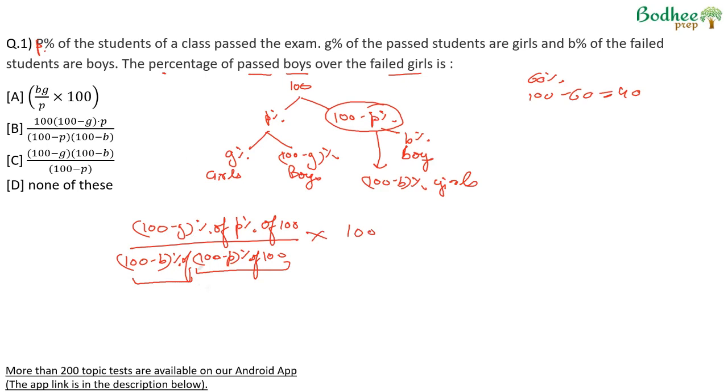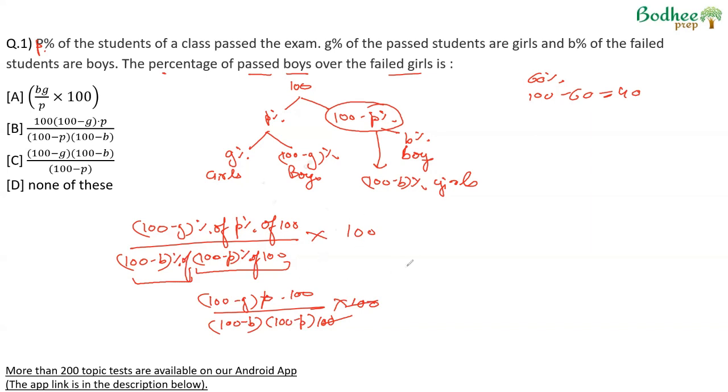If we simplify this, percent of can be cancelled out. So 100 minus G into P, percent cancels, percent of cancels. 100 minus G into P into 100 upon 100 minus B into 100 minus P into 100 becomes the expression. 100 cancels.